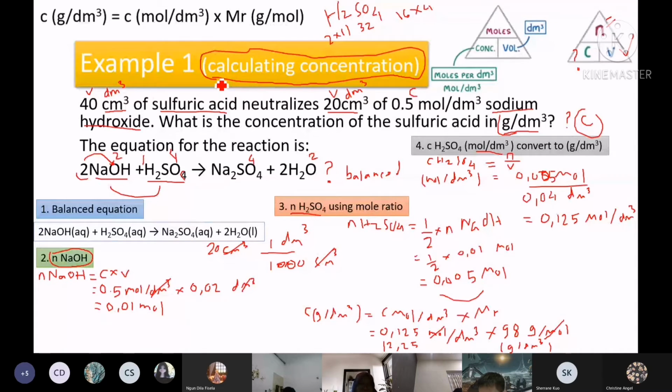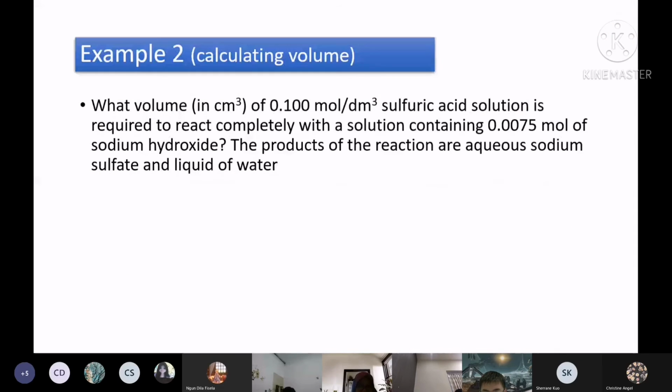Okay, go next to example 2. If example 1 was calculating concentration, in example 2 we will calculate the volume. What volume? The question asks for the volume in cm cube.